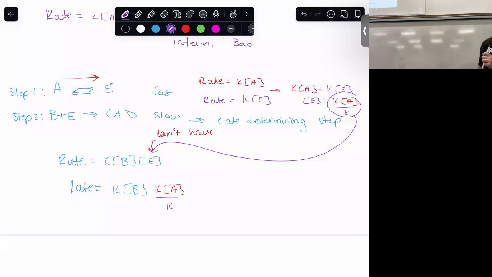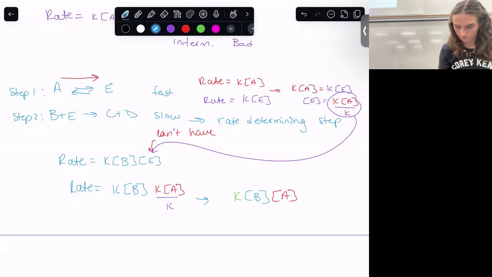Okay, so since all of your k rate constants are constants, you could multiply the blue k times the red k times the purple k. And that would give you, I'll make it a green k, k times [B] times [A]. And that would be equal to your rate.